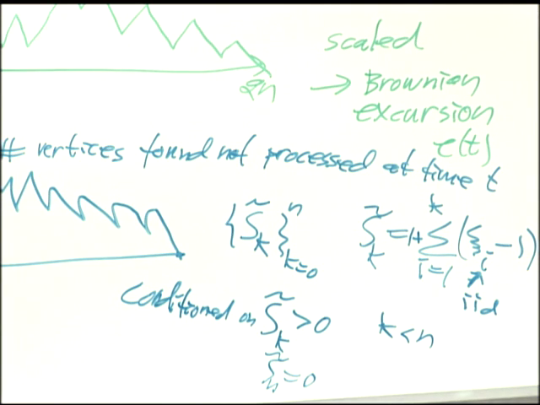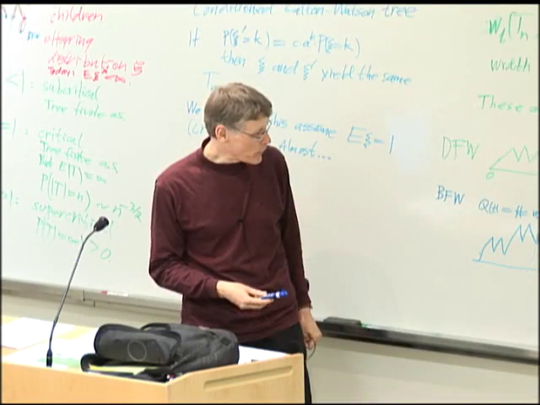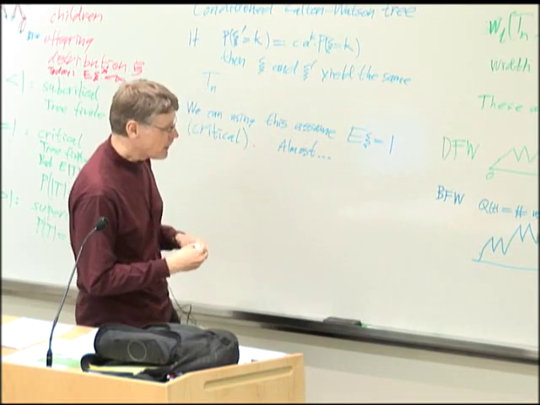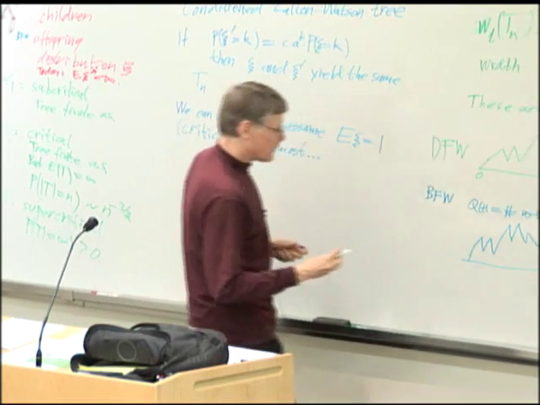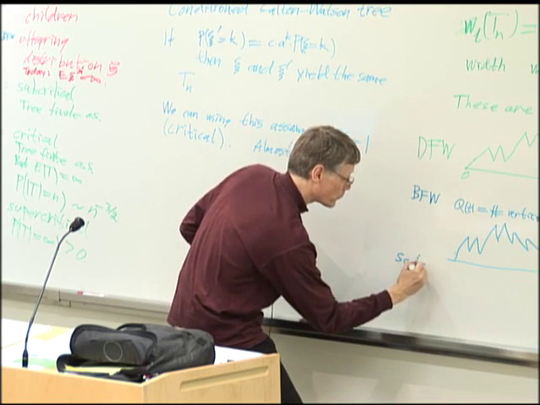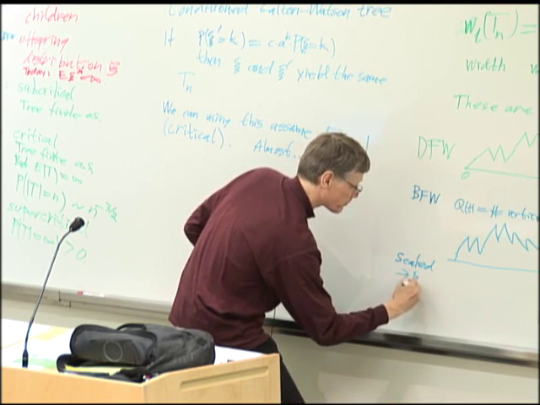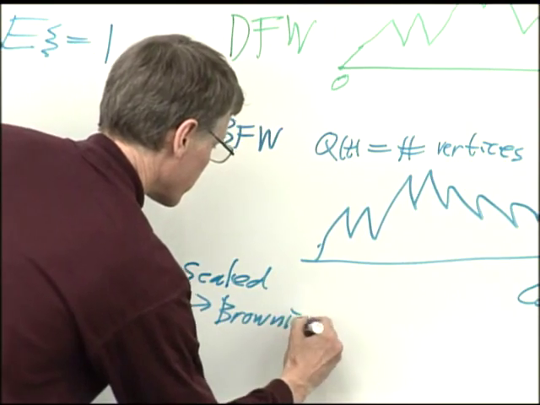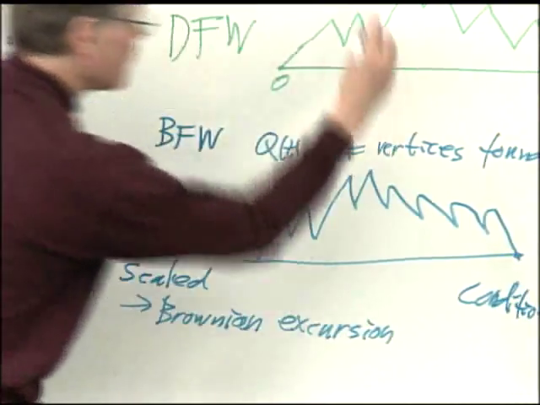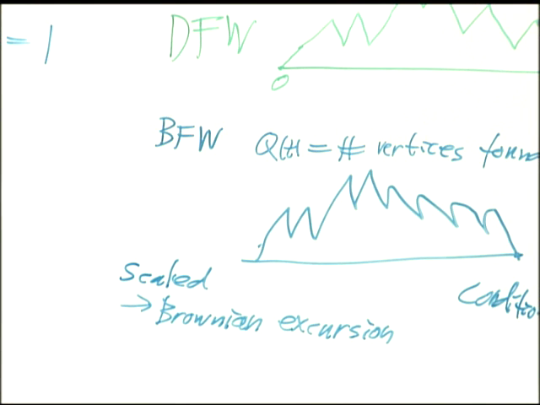And then this is a more standard thing in probability theory. Take a random walk and condition like this. And then it has been known since even longer back in time that if we scale this, this also converges to a Brownian excursion. So we get two Brownian excursions for the same tree, but they are certainly different Brownian excursions.